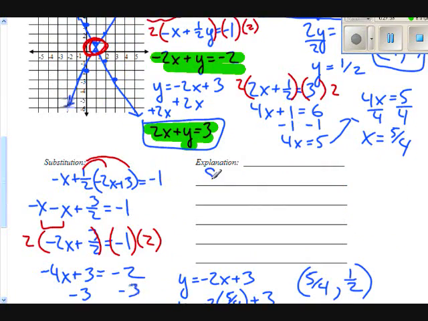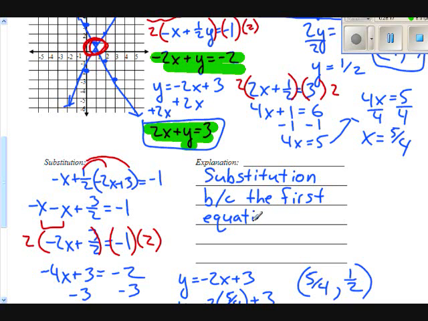I would probably say substitution, because, I'll abbreviate a little bit, because the first equation was already solved for y. Okay? And that's a great explanation.